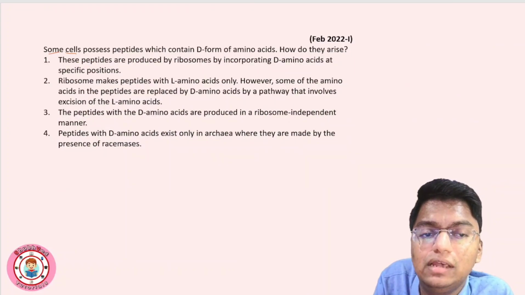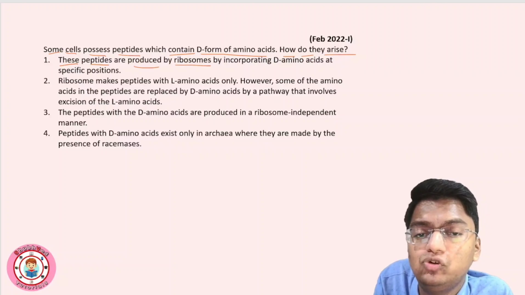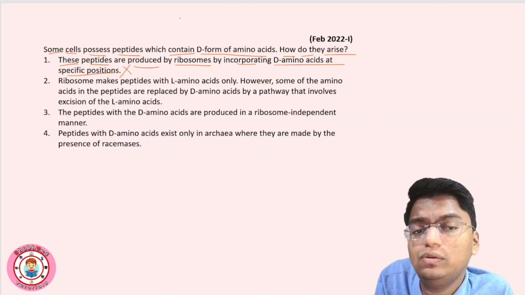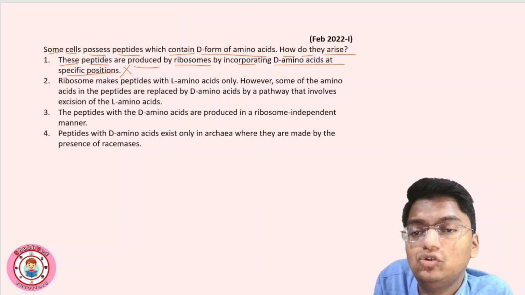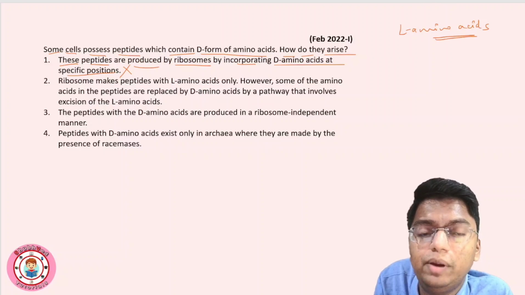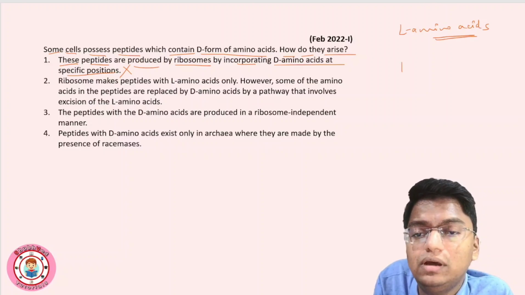Some cells possess peptides which contain the D form of amino acid. How do they arise? These peptides are produced by ribosomes by incorporating D amino acids at specific positions. No. Okay, I will tell you this directly. Basically, the L amino acids are incorporated in the peptides, right, and not the D amino acids.